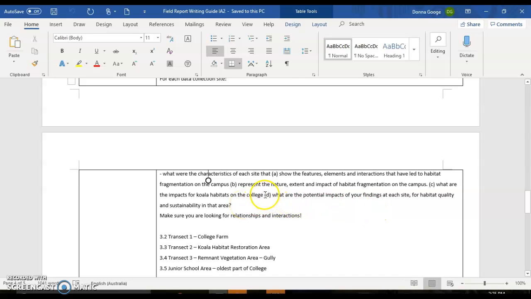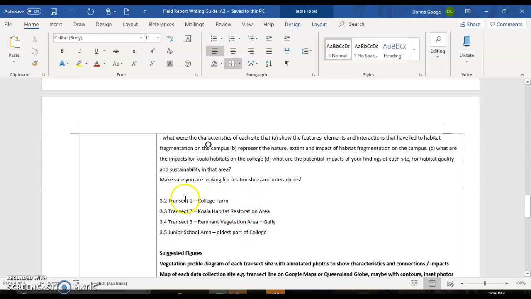Now, you could leave that last one out and do it for the college as a whole, but I'd say on your draft at least make some notes there so that you are getting an idea as you go of the impacts. The big thing, make sure you are looking for relationships and interactions.